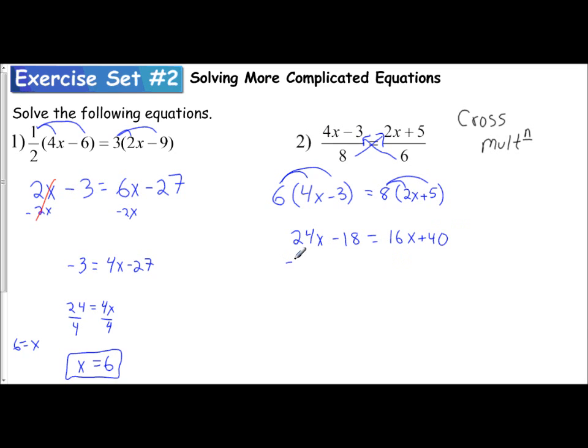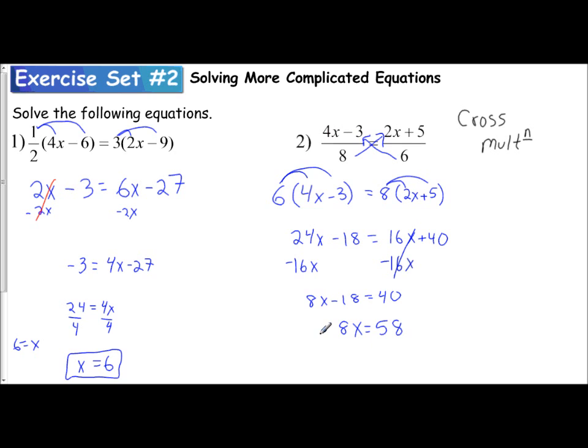Same idea, I'm going to get the variables on one side by subtracting 16x, and that's going to give me 8x minus 18 equals 40. Now what I'm going to do is solve for this variable. I would add 18 to get 8x equals 58.